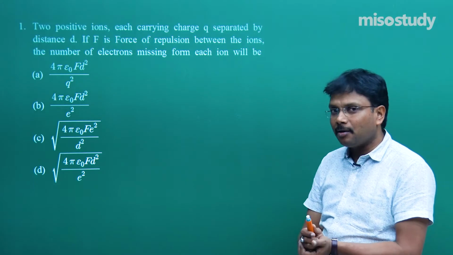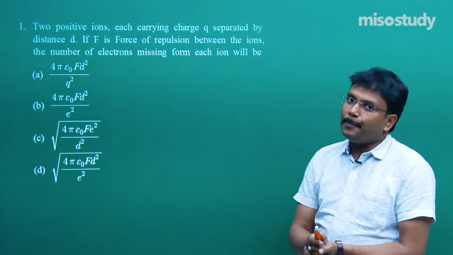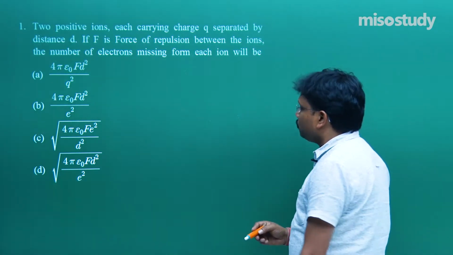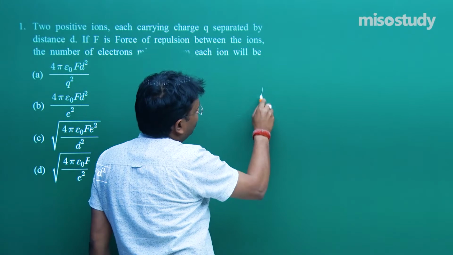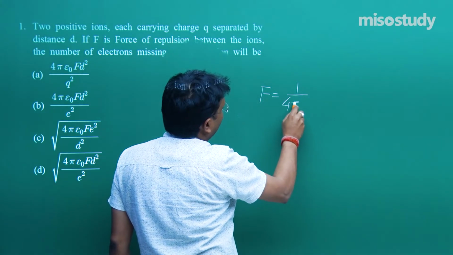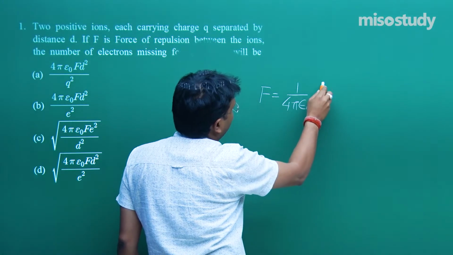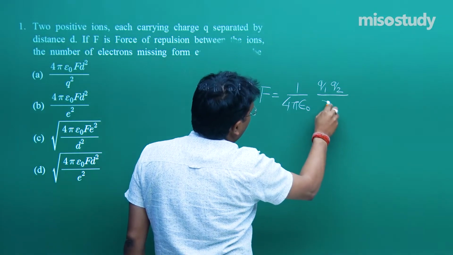So here, try to recall the simple formula that I would like to mention: F is equal to 1 upon 4 pi epsilon naught, q1 q2 upon r square.